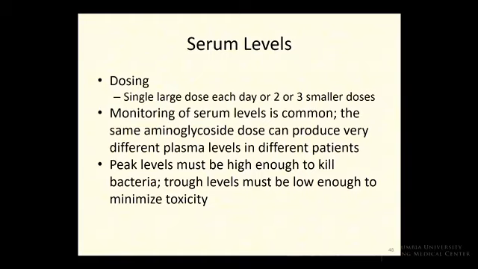And then when that next dose is given, I believe it's a 30-minute wait before another blood sample is taken. Okay? And that's going to tell you the peak. So the peak levels must be high enough to kill the bacteria, but the trough level must be low enough to minimize toxicity.